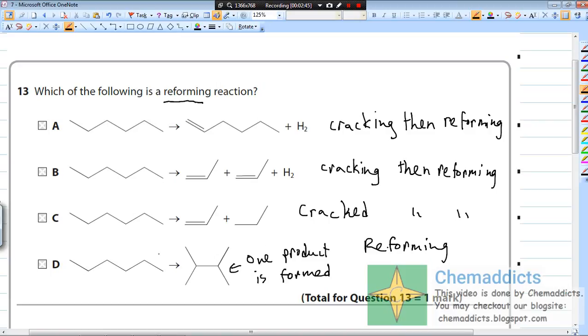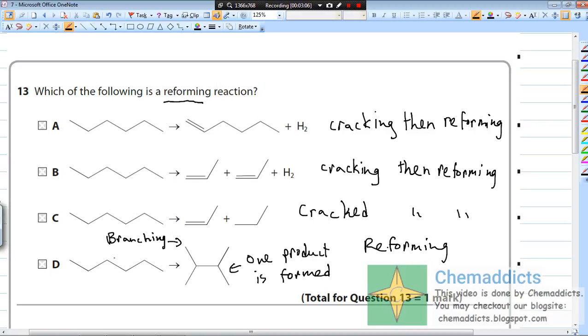Since there is branching occurring over here, in other words, this molecule has been modified into one different molecule.